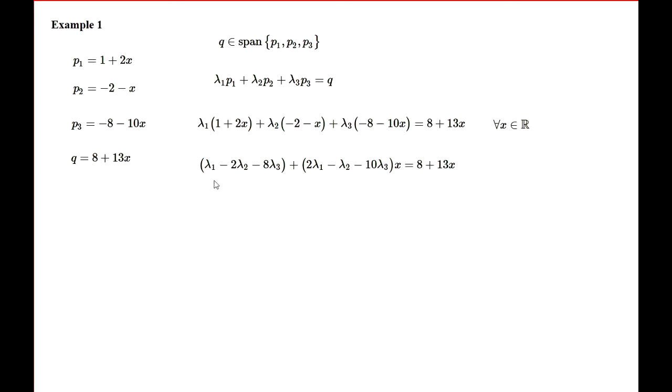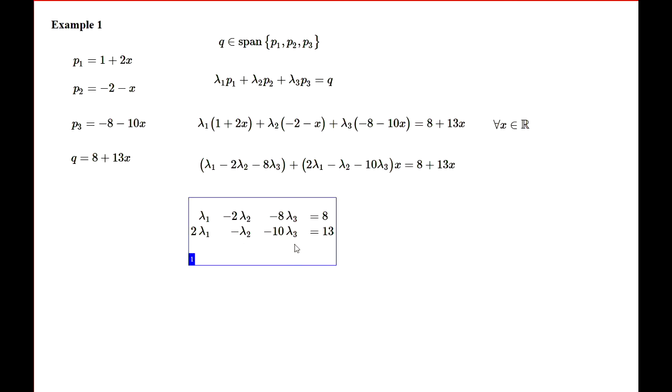Like a free coefficient on this side equals the free coefficient on this side. The x coefficient on this side equals the x coefficient on this side. And that brings up the system of linear equations. Free coefficient equals 8, first equation. X coefficient equals 13, second equation.